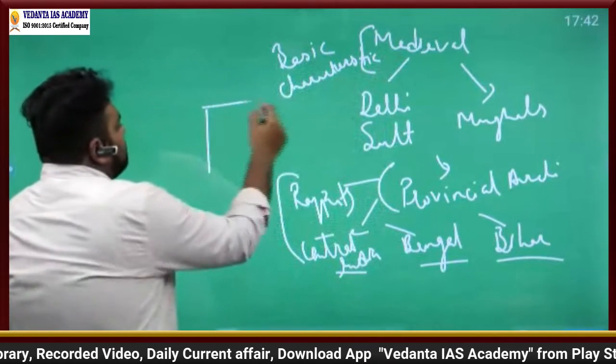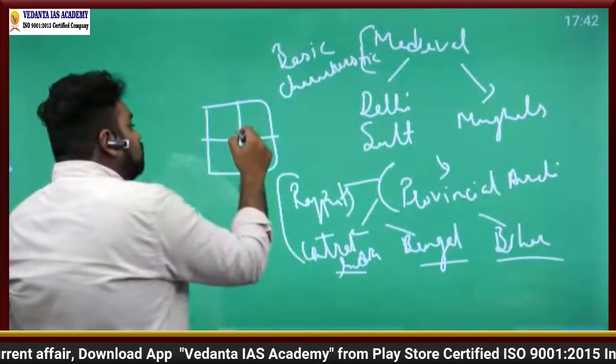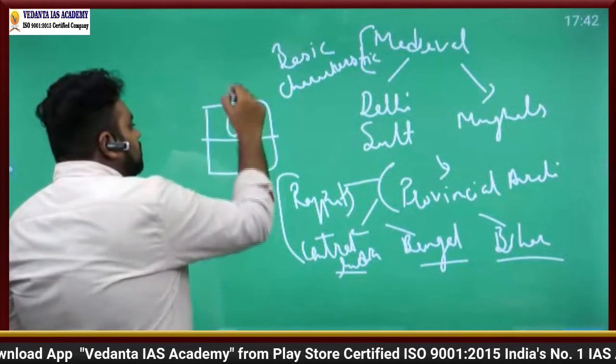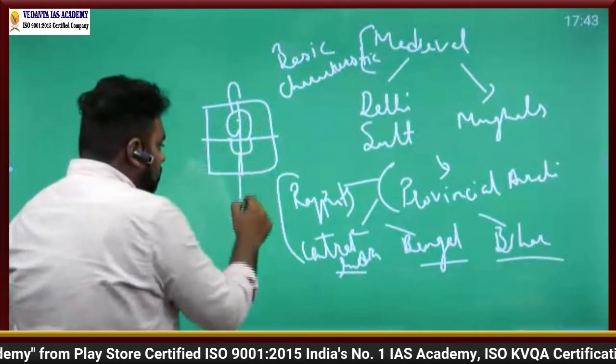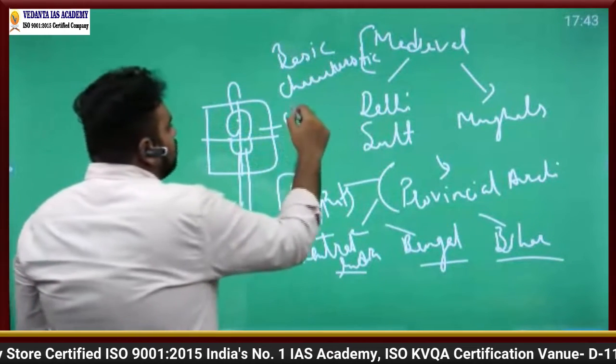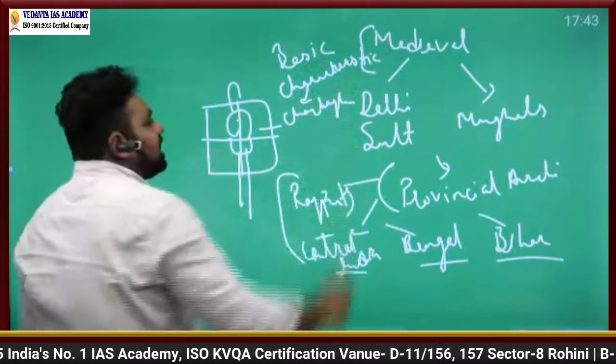Charbagh style was this: dividing a place into four gardens, and then you place the monument. Supposedly, this is Taj Mahal. You place the monument over here, and then the water body in front of that. So this was your Charbagh style. This is just an example to tell you about the basic characteristics.